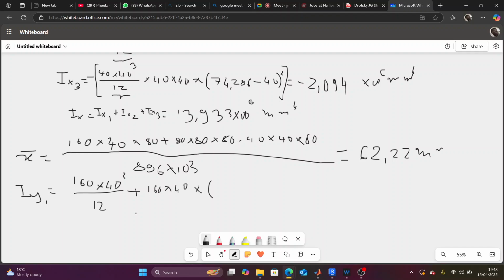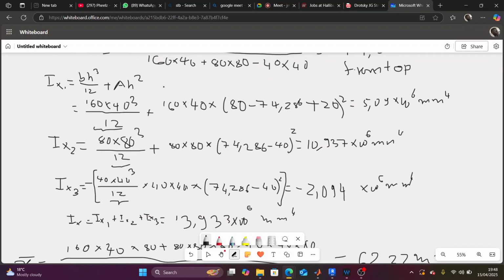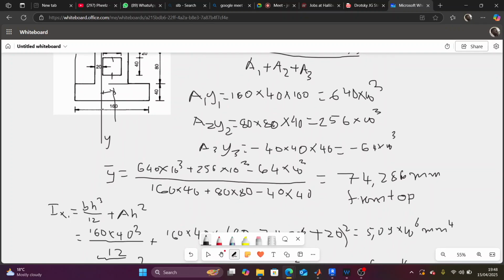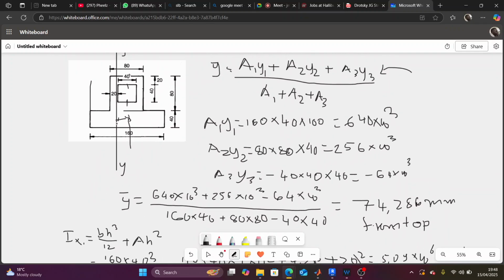Now let's look at our distance from there to the center of gravity. Remember, we are reading from left to right. How do we get this distance? If from here to here is our x bar, do you see it? Now how do we get this distance here?